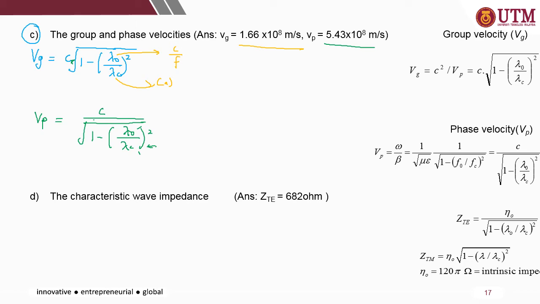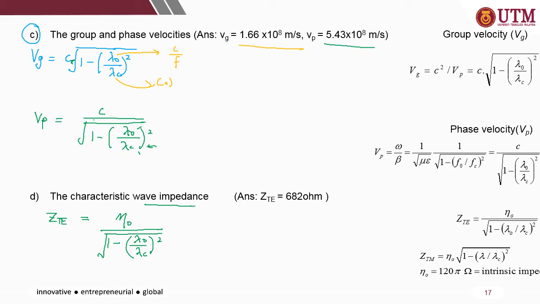the ZTE, the characteristic impedance at dominant mode. So ZTE equal to intrinsic impedance divided by the square root of 1 minus (lambda naught divided by lambda c) squared.